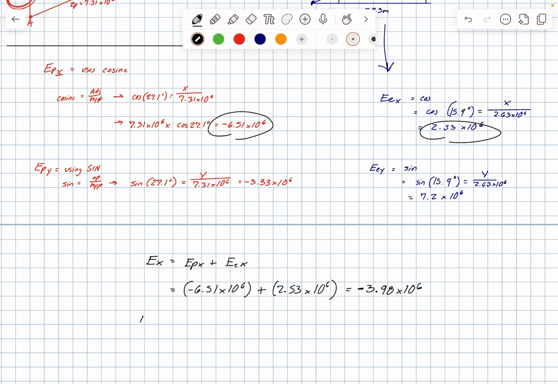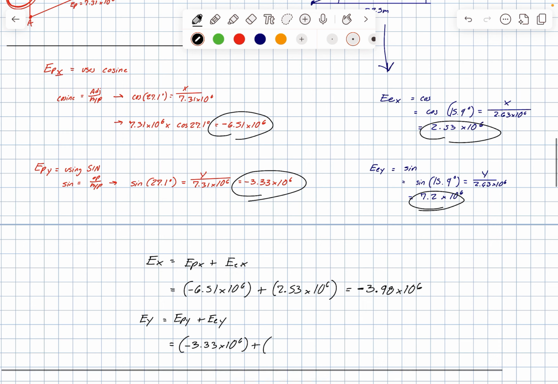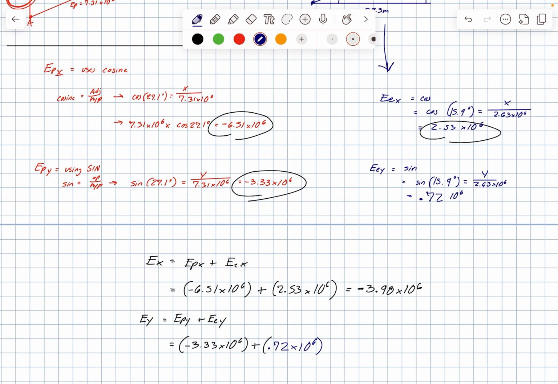Same thing now for our y's. We're going to be adding the y components of each. That's going to look like negative 3.33 times 10 to the 6th plus this value. Oh, I messed up. That's supposed to be 0.72 times 10 to the 6th.